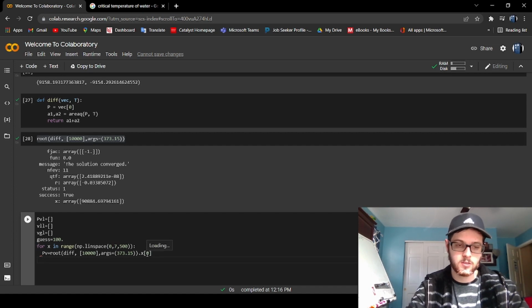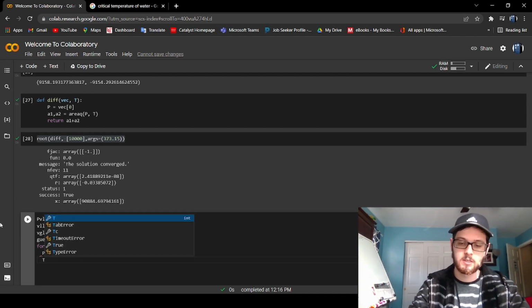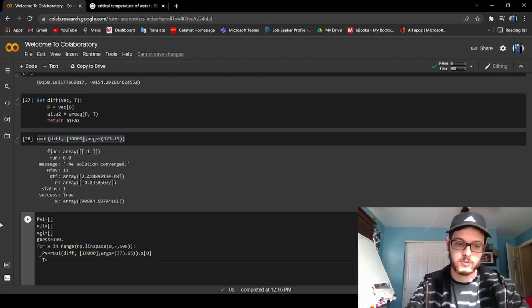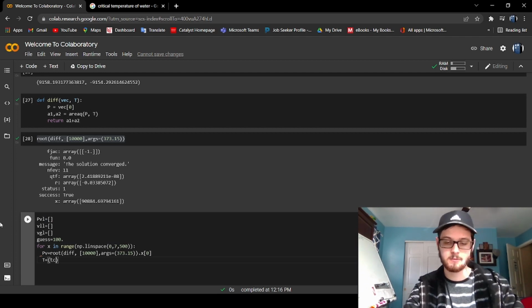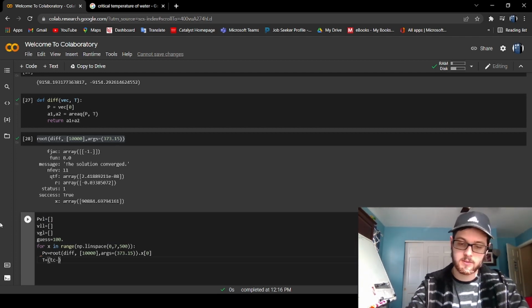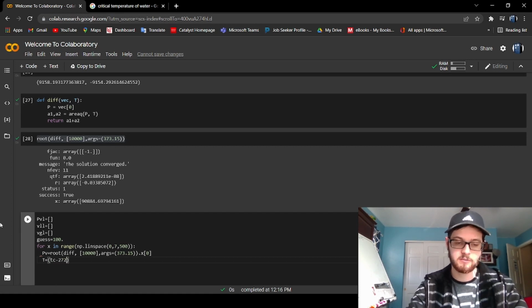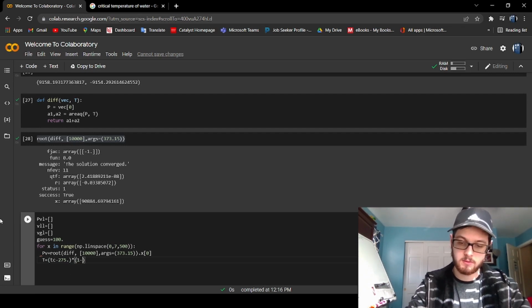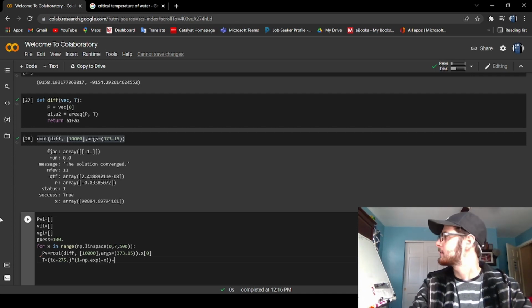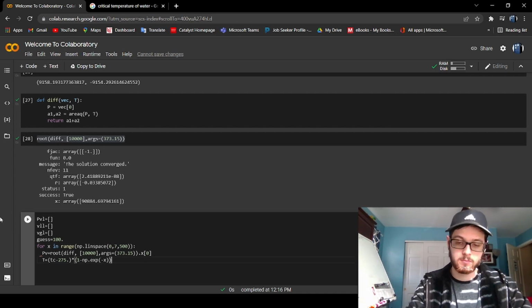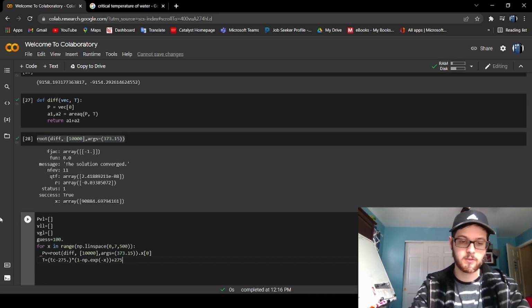And then also we need a T, and I have it right down here. T is equal, let's just use capital T, T is equal to the critical temperature minus 275, and then times 1 minus e to the negative x, plus 275.